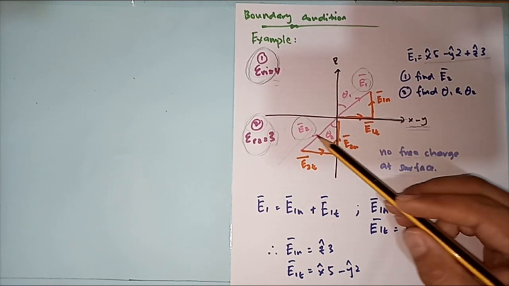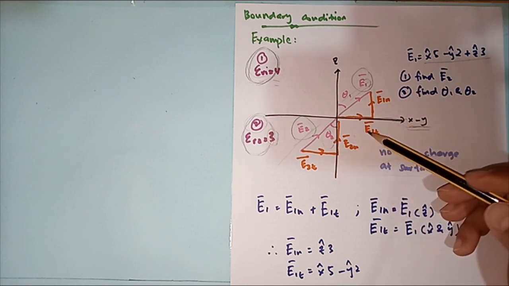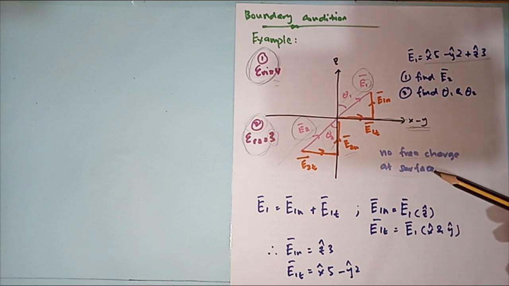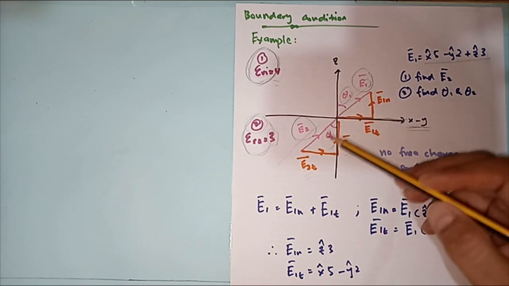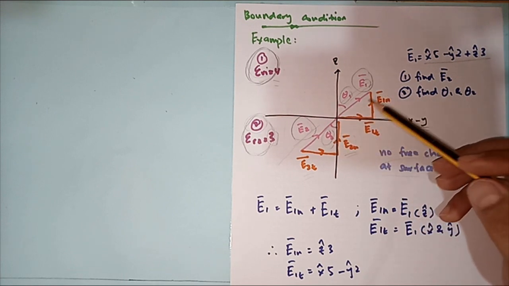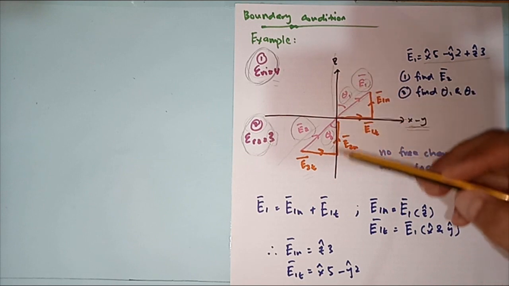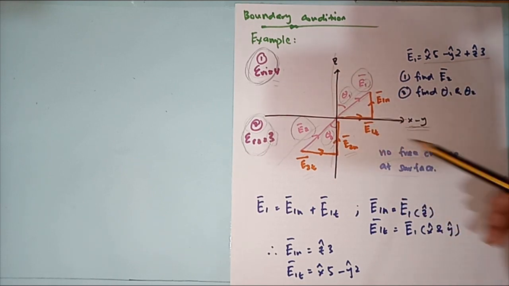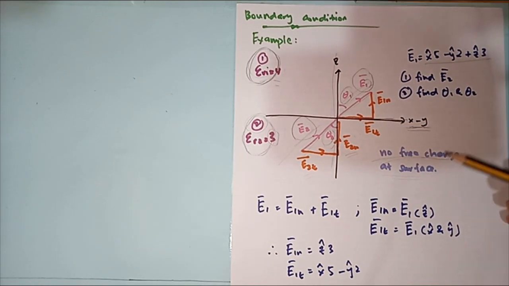As usual, this vector can be resolved into two different components, its normal and tangential components. Theta 1 and theta 2 represent the angle between this vector and the y-axis. We assume that on this particular surface, there is no free charge.